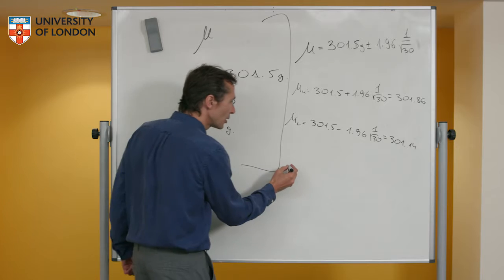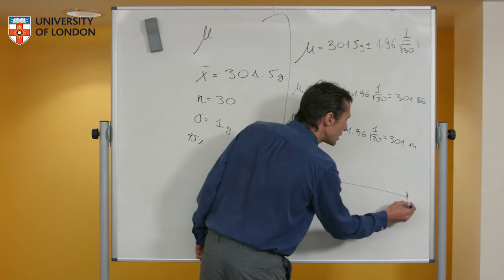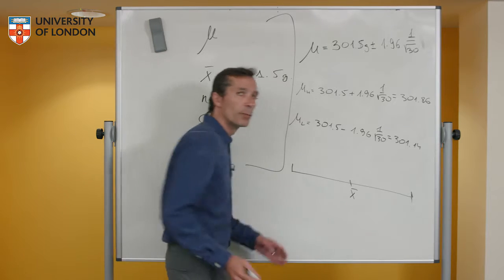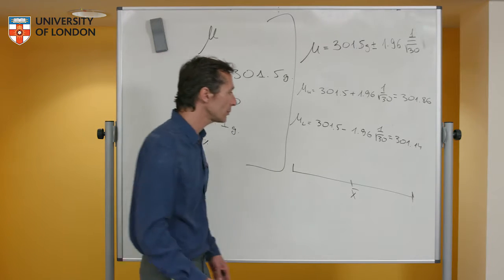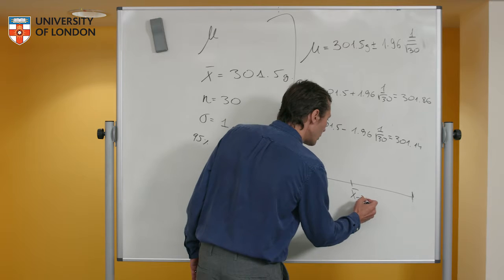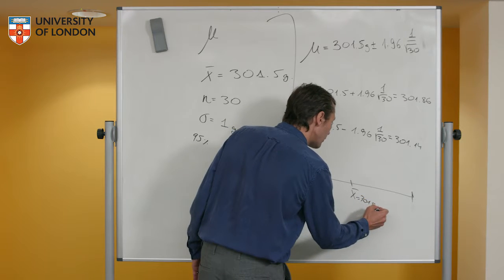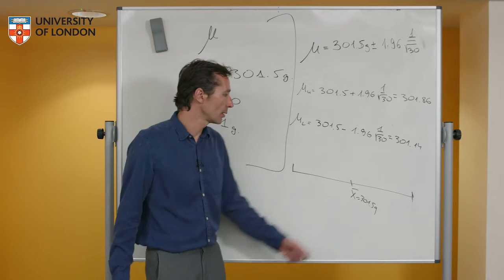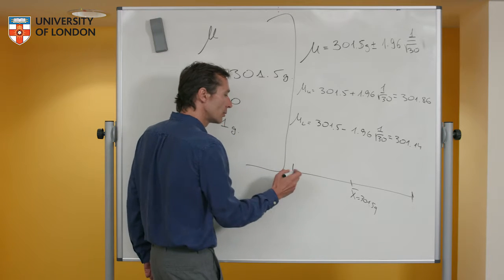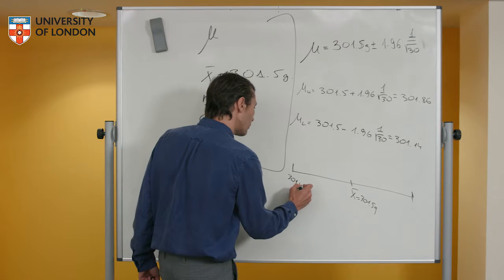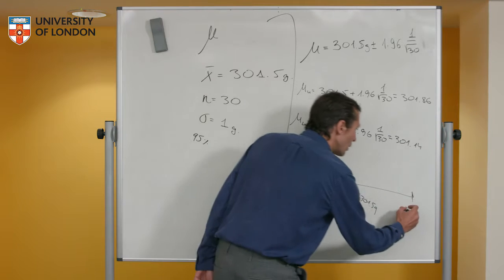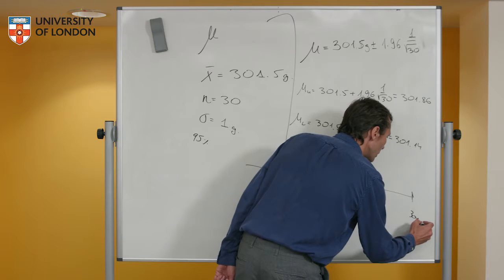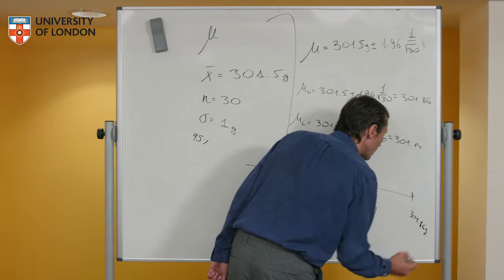So if we want to picture this, if this is our confidence interval, the x upper bar will always be in the middle: 301.5 grams. This is our mean, the sample mean. The lower bound will be 301.14 grams, and the upper bound is 301.86 grams.